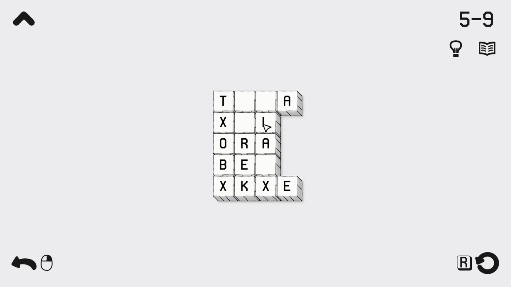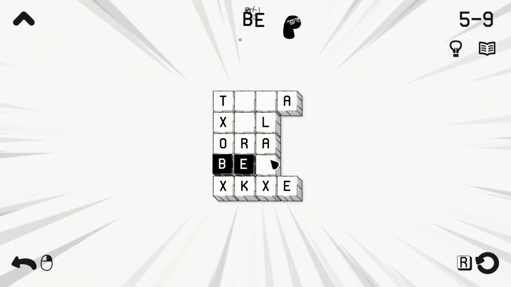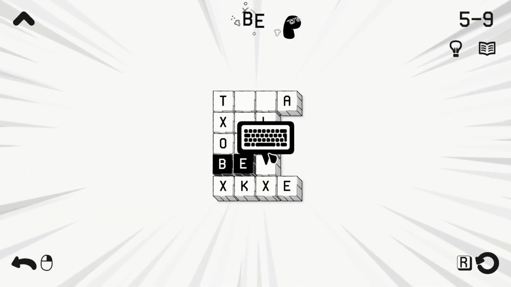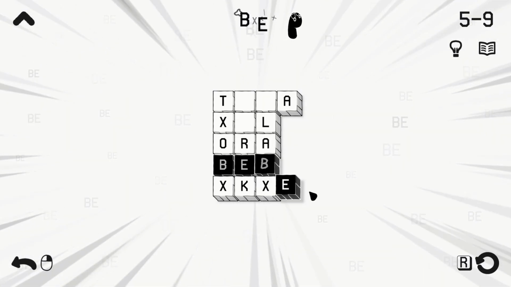T to A, L to A. Bore. All right, so we have a B. I have the potential makings of a tlack. If I could do a ta, I could get rid of the rest of the. I could do that technically.